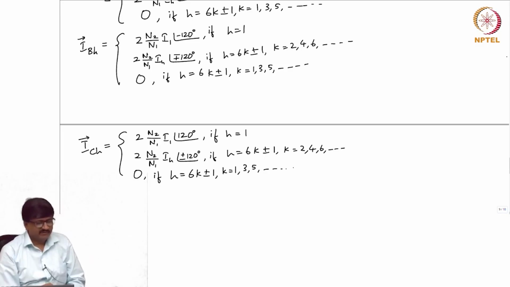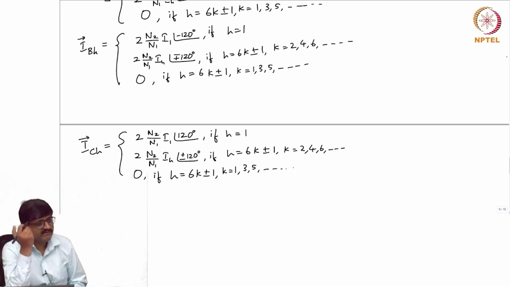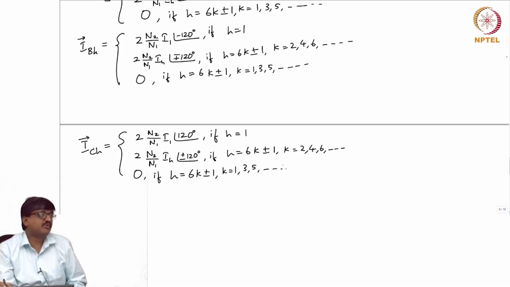Now, if you look at the AC side currents of the 12 pulse LCC, what harmonic components are present? 6K plus minus 1 with K equal to 2, 4, 6.